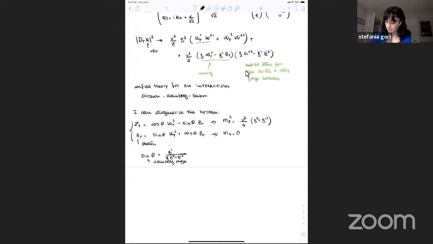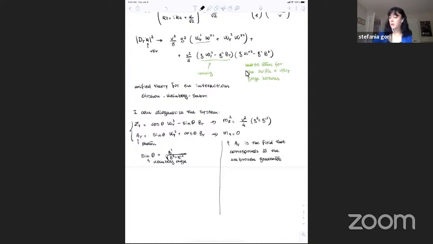And this, for a little bit more, A mu is the field that corresponds to the unbroken generator. In the sense that, as we said already many times, we were starting from this gauge symmetry.